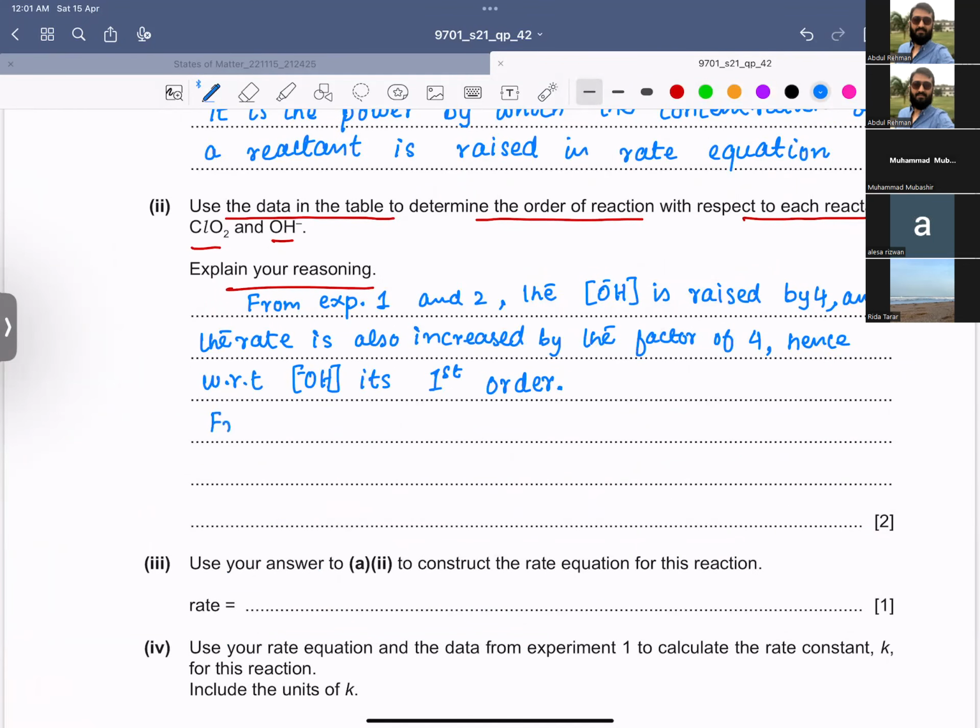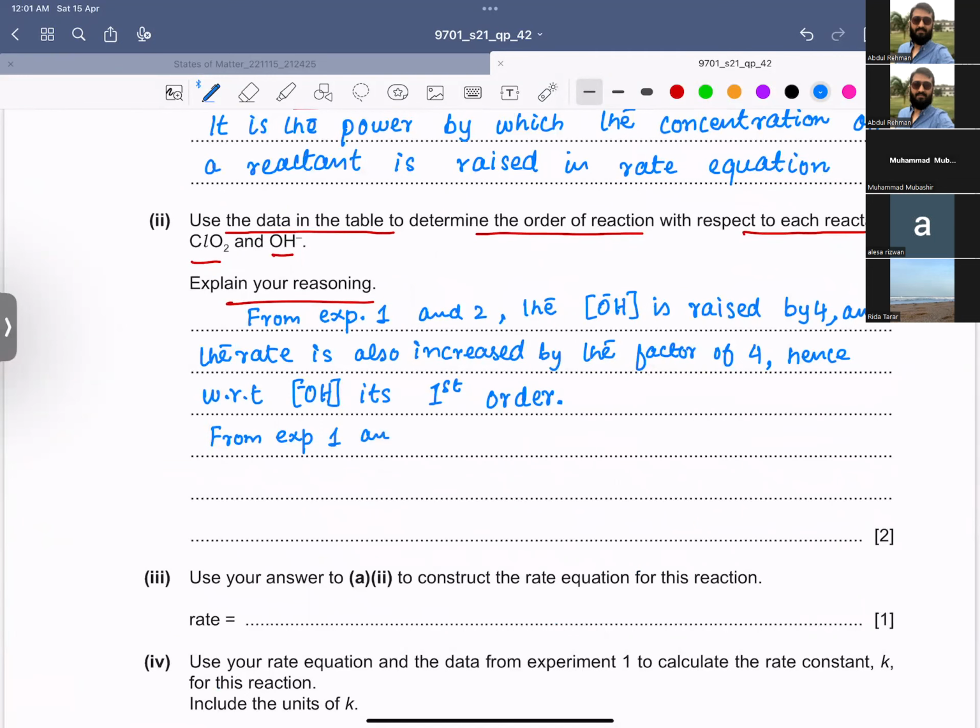That from experiments 1 and 3, the concentration of ClO2 is increased by 2.5 times, but the rate is increased by 6.25.